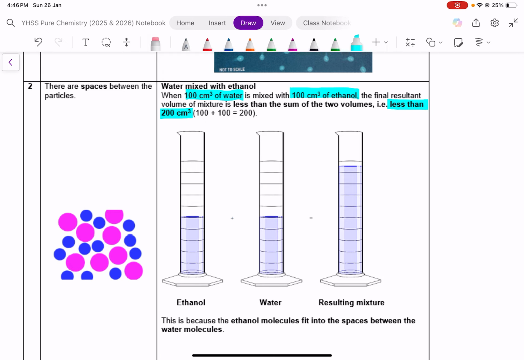That's the case because there are spaces between the particles. There are spaces between the ethanol molecules. There are spaces between the water molecules. And because there are spaces between them, they can start fitting into the spaces between them. As they fit into the spaces, the final resultant mixture will have a volume that is less than 200 cm cube.